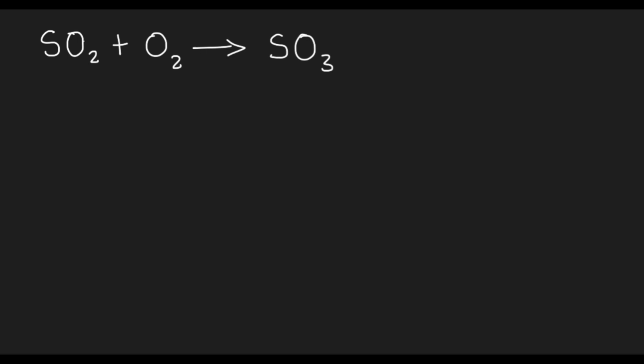So let's check for sulfur. Sulfur is 1. Then also here is 1, so sulfur is balanced. Now for oxygen, we have 4. Then this side we have 3. So how can we balance the oxygen?